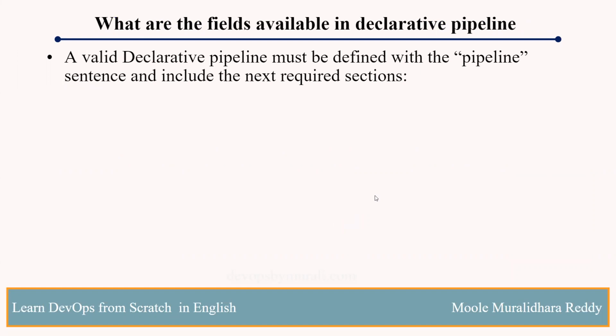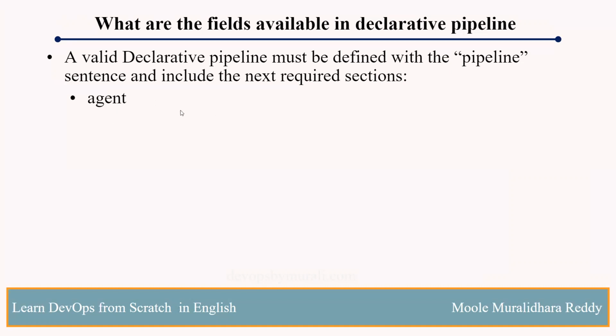First, inside the declarative pipeline, we have multiple options available. First one is agent. Agent is nothing but where this particular Jenkins pipeline wants to run. As I said, we have two things, right? One is master node and slave node. If you want to run the particular job in a slave node, you can define agent and give that slave node label name.